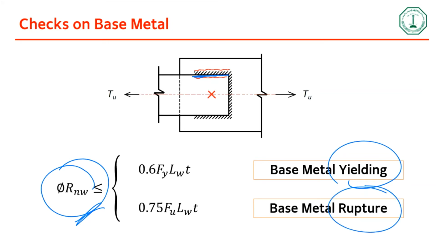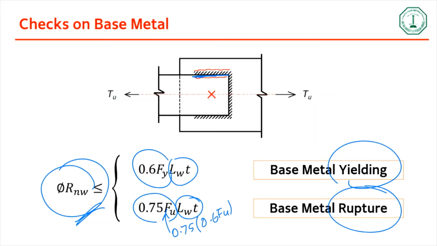Now you see that Lw is the same. What changes is 0.6 Fy, and this is 0.75. There is a mistake here. This is supposed to be 0.75 times 0.6. I forgot to do this here.